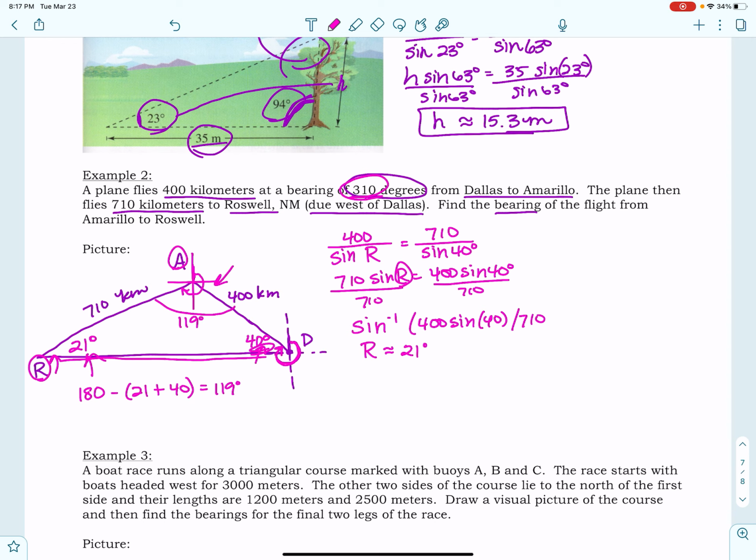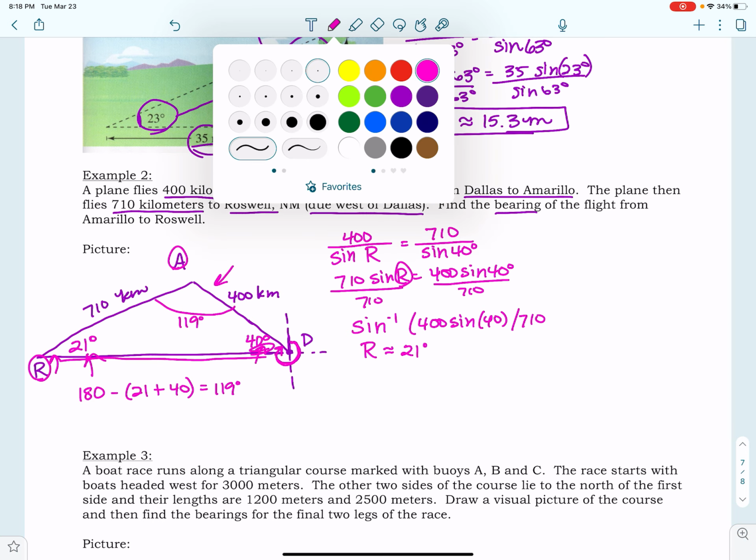But I need to figure out some other parts to it so I can figure out what this bearing is. Okay, so here's what I need to do next. Let me erase a little bit of this so we can see it better. All right, so I'm going to switch colors here.